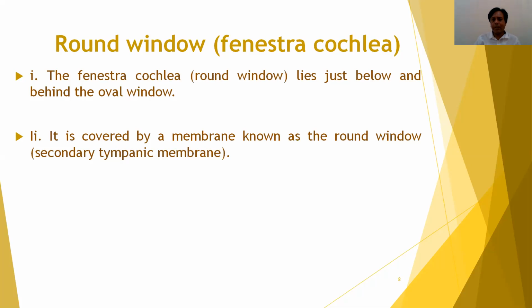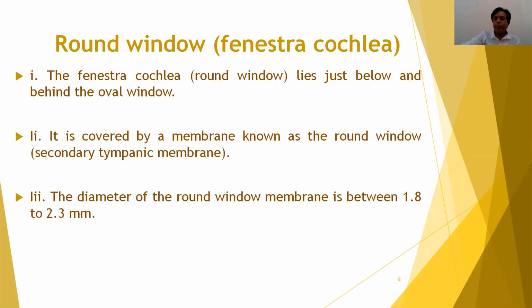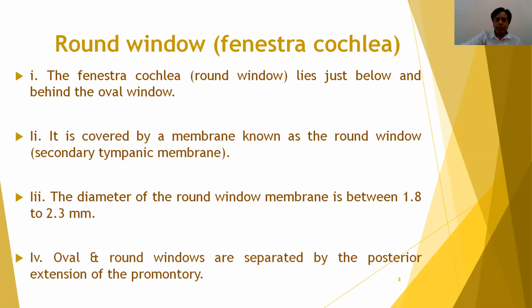The round window is covered by a membrane known as the round window membrane, named as secondary tympanic membrane. The diameter of round window membrane is between 1.8 to 2.3 millimeter. Oval and round windows are separated by the posterior extension of the promontory.